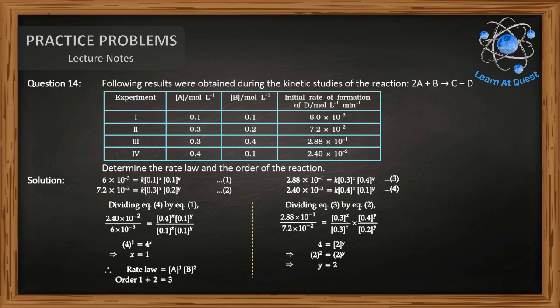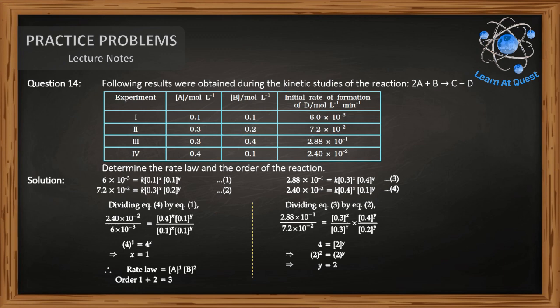When we divide, we get on the left hand side 2.4 multiplied by 10 raised to minus 2 divided by 6 multiplied by 10 raised to minus 3, which equals 0.4 raised to X multiplied by 0.1 raised to Y divided by 0.1 raised to X multiplied by 0.1 raised to Y. 0.1 raised to Y on the right hand side gets cancelled. We get 4 raised to 1 equals 4 raised to X. This is only true when X equals 1. Hence we can say that the order of the reaction with respect to A, which was X, is equal to 1. Let us now find Y.